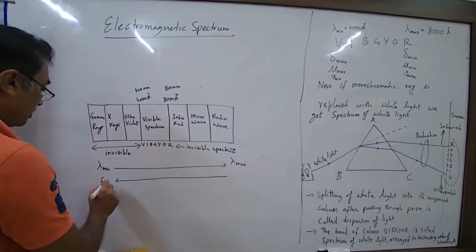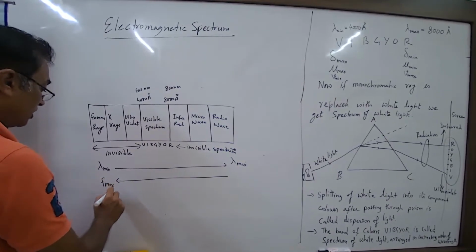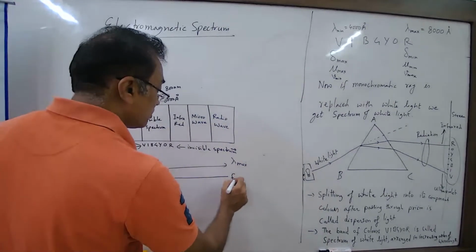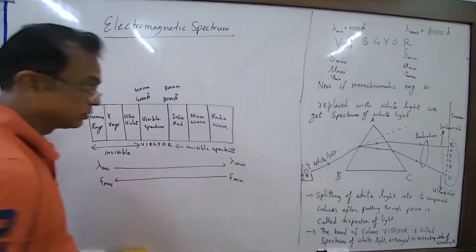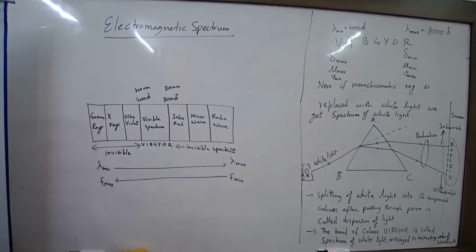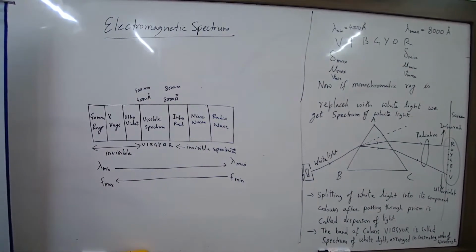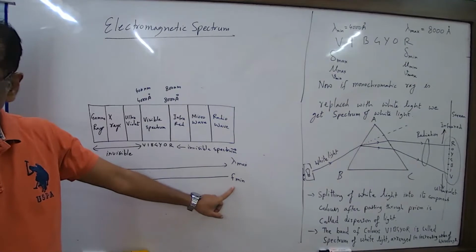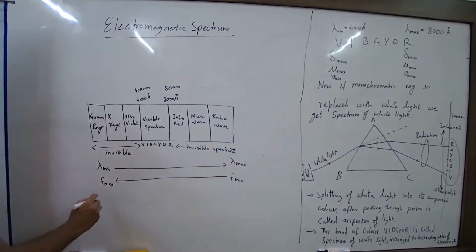Frequency is maximum for gamma rays and minimum for radio waves. The energy of the radiation depends on frequency: high frequency means high energy, low frequency means low energy.